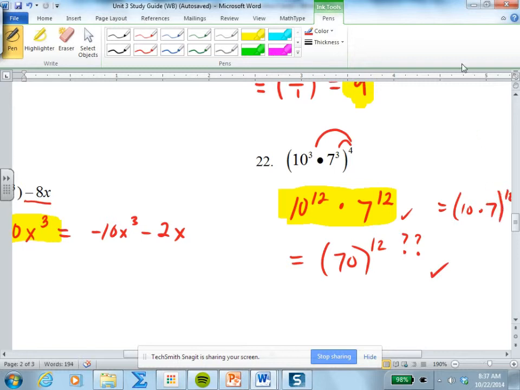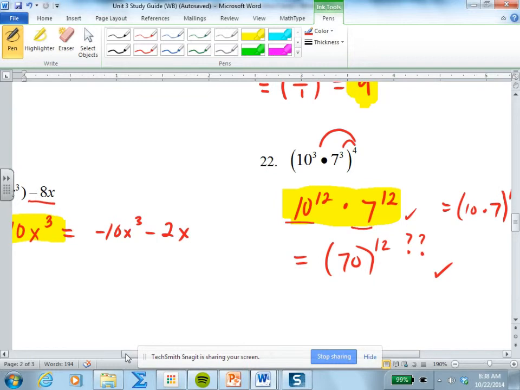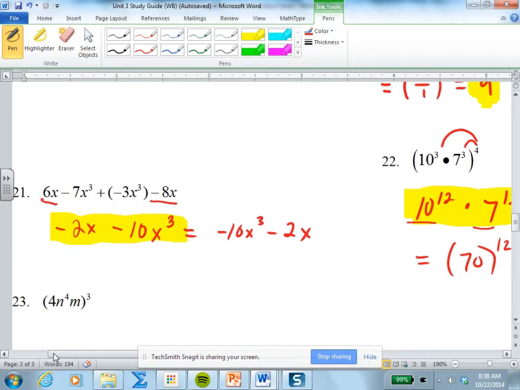But I wasn't expecting you guys to do that. Don't we add like the 12s? No, those are not the same base, so we cannot add those two things together. We have to leave it just like that. So my highlighted answer there is the best one.